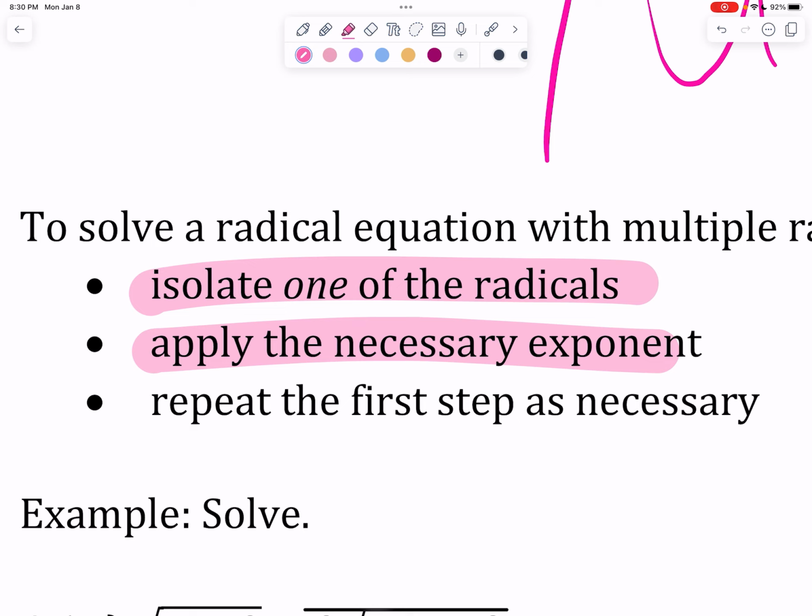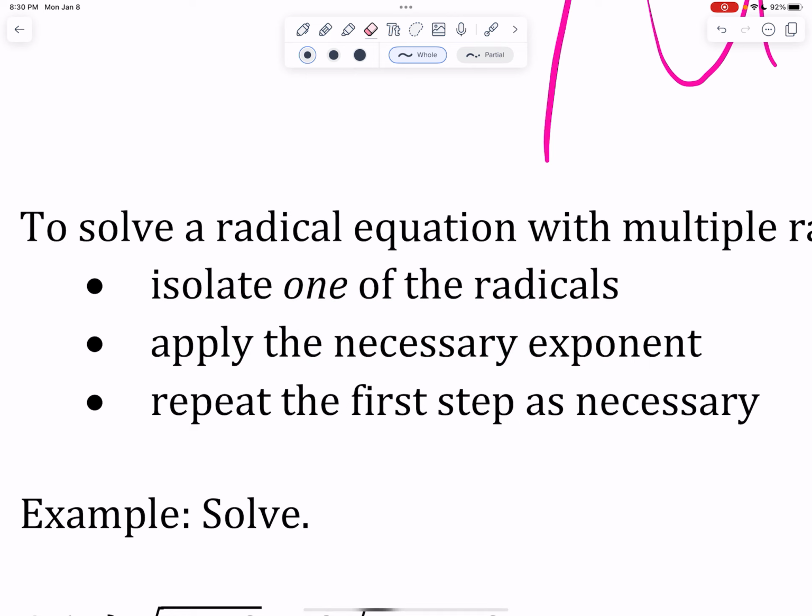And then, once we do that, we're going to be left with a situation that only has one more radical term. And that's familiar to us because that's what we did in the previous lesson. So we just repeat that until all the radicals are gone.